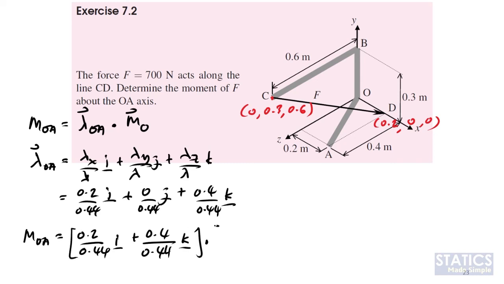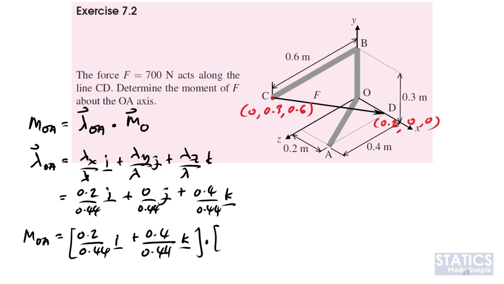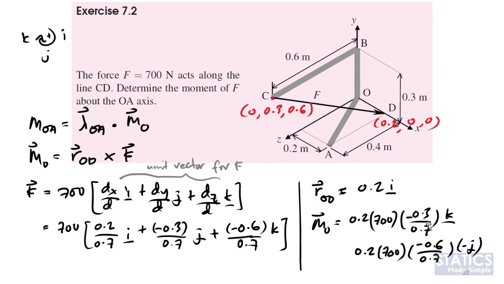So the moment about OA is just equal to lambda OA, or 0.2 over 0.44 i plus 0.4 over 0.44 k, dot product with our MO. So MO is equal to this term here, 0.2 times 700 times minus 0.3.